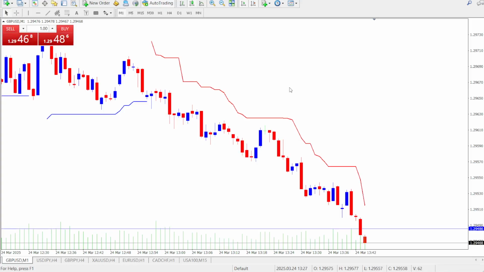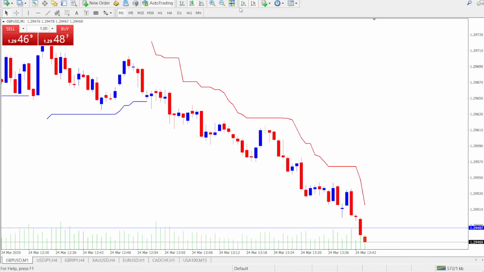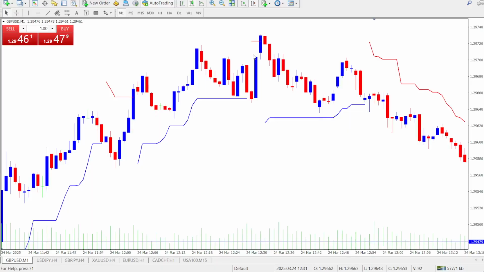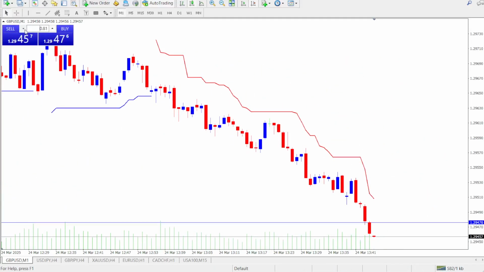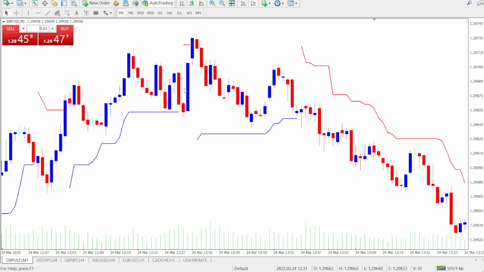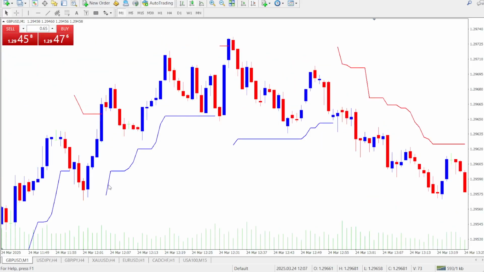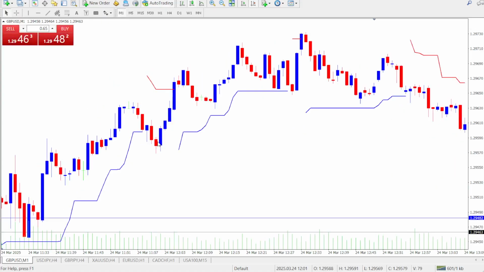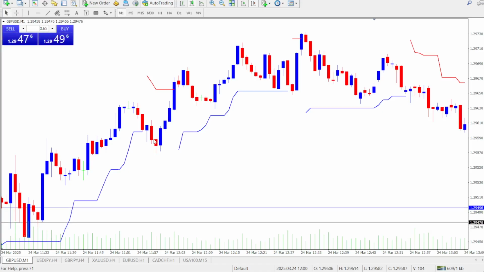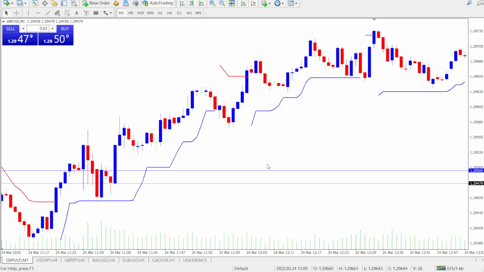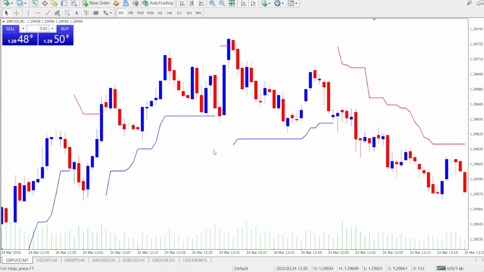So for buy trades, you will notice this blue line beneath the candlesticks. Once you have price consistently above the blue line, you can look for buy opportunities, and your stop loss should be maintained under the blue line.